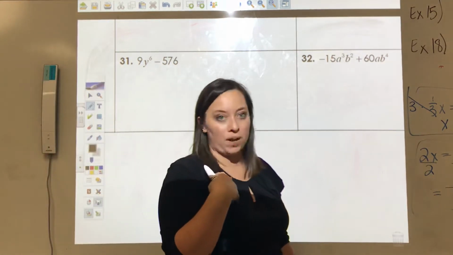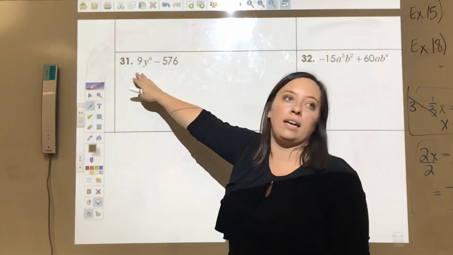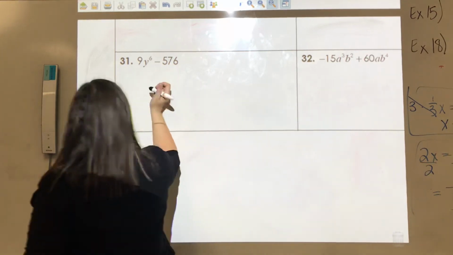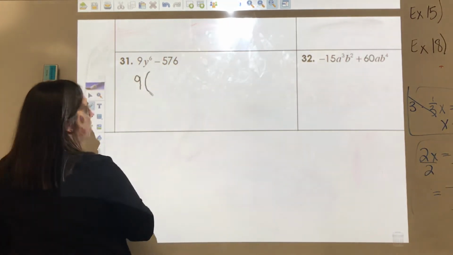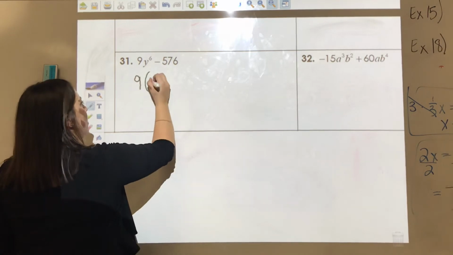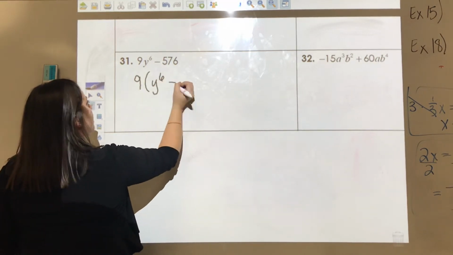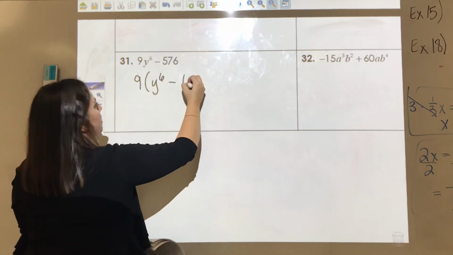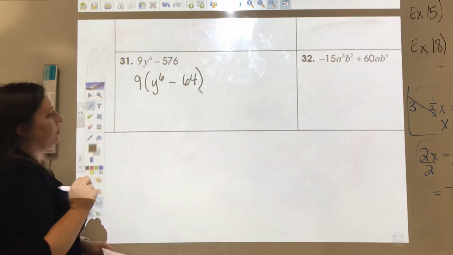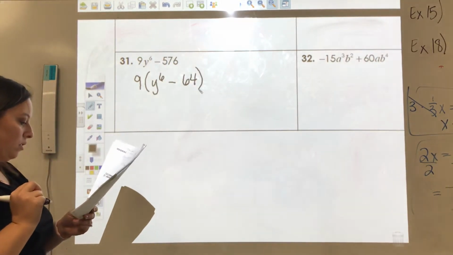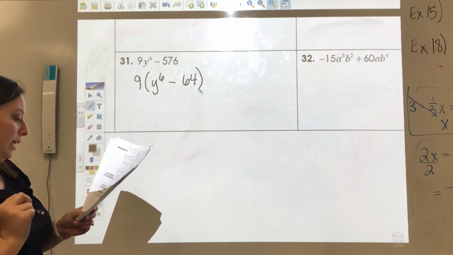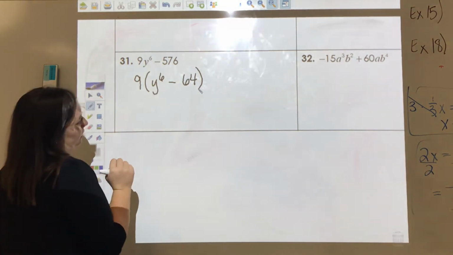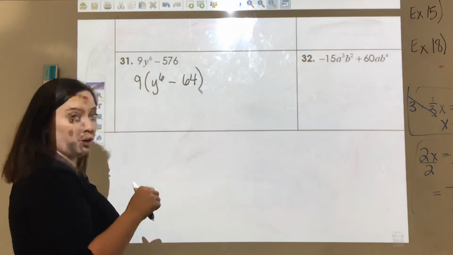So that was my problem. So between 9 and 576, we actually do have a factor of 9 in common. If I factor out a 9, I'm left with y to the 6 minus. So 9 times what gives me 576? That is 64.